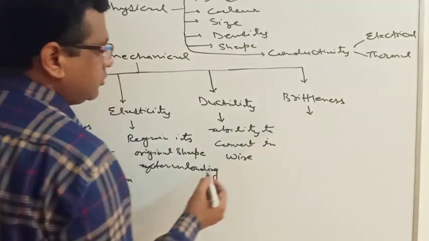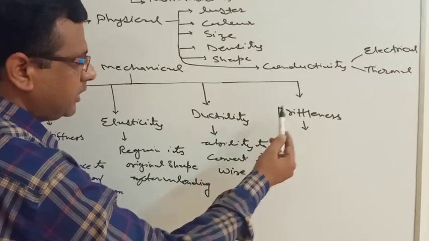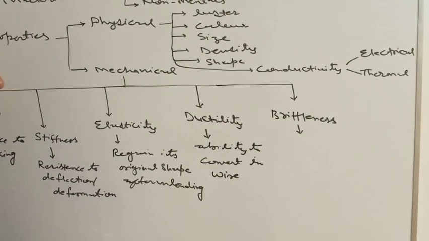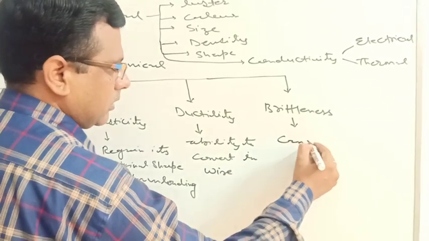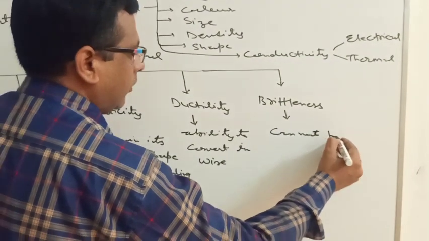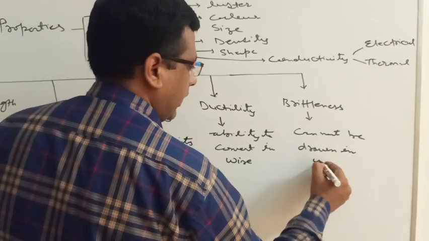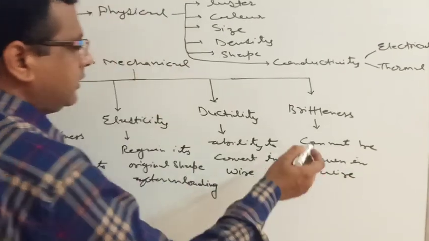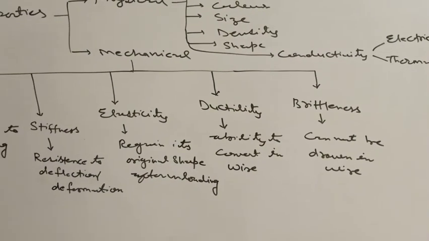It is the opposite of ductility. If a material has this property, it cannot be drawn into wire, and then the property is known as brittleness.